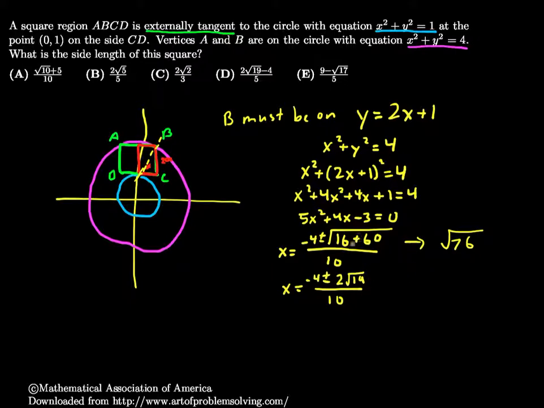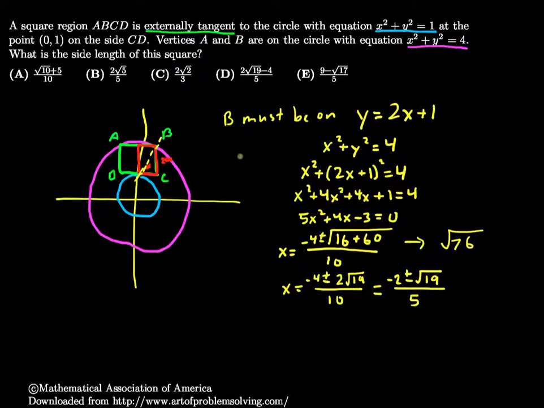Okay, so I can reduce this down. Everything has a factor of 2 in it, so this equals negative 2 plus or minus root 19 over 5. We factored out 2's on the top and bottom and canceled them out.